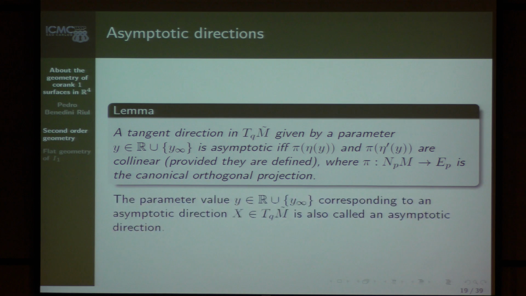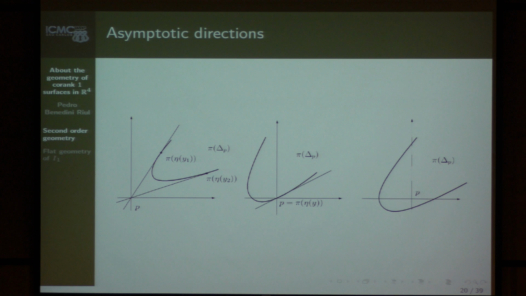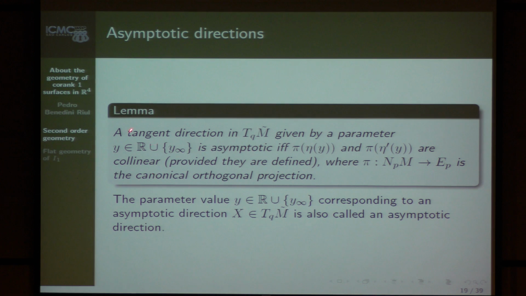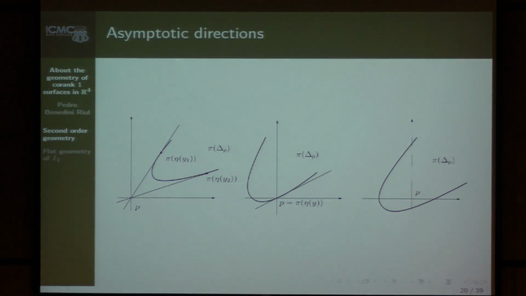And by abuse, we say that this parameter y corresponding to an asymptotic direction is also called an asymptotic direction. And now, having this lemma in mind, we are able to count the number of asymptotic directions for each possibility of Δp.